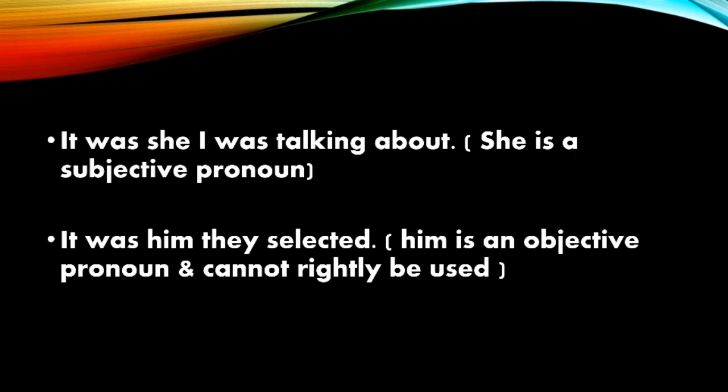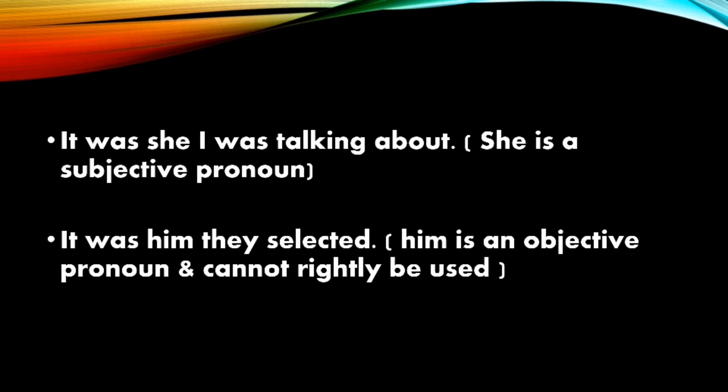Now, in the first one, you have to see what is the rule, what is the feature, that if a pronoun is coming after a linking verb, it should always be subjective. It should always perform the work of subject, not object. Because you know linking verbs connect the subject with the rest of the sentence, right? Not the object, right? They identify the subject.